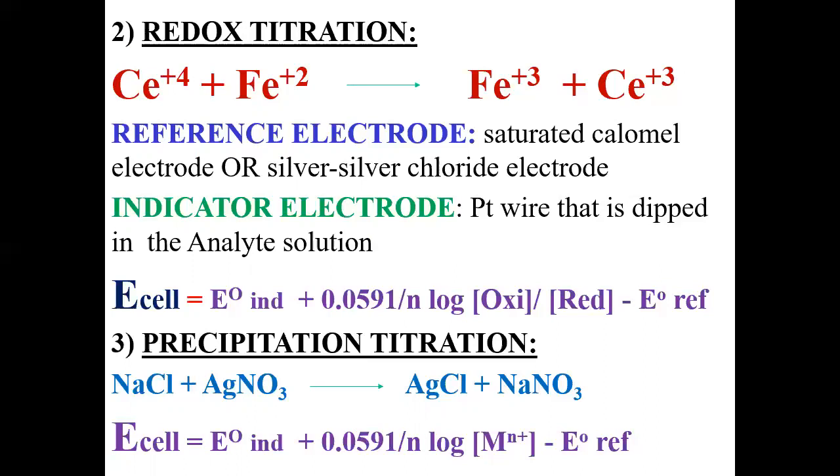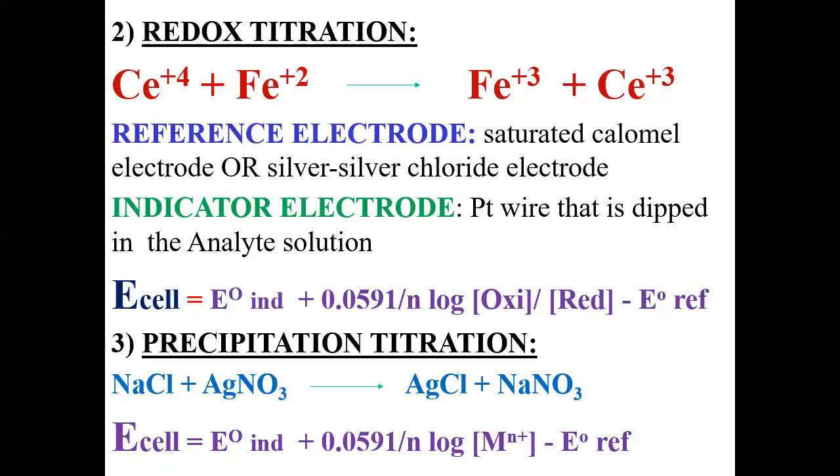It will oxidize the ferrous ions to ferric ions. At the end point, all the ferrous ions will be converted into ferric ions, so there will be a sudden change in the potential of the cell.